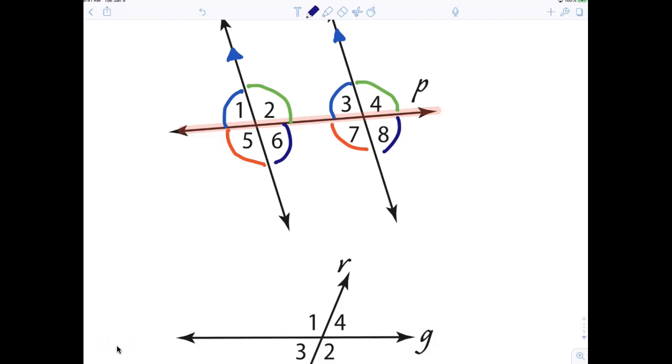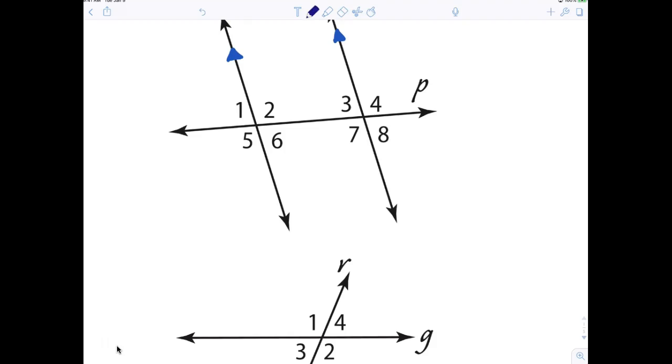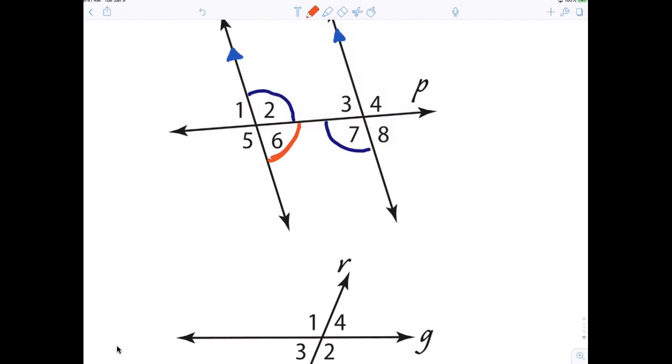Now, the next thing: I want to erase these now. I want to show you that angle 2 and 7, we had a special name for those last year, and 6 and 3 as well. Those were called alternate interior angles.